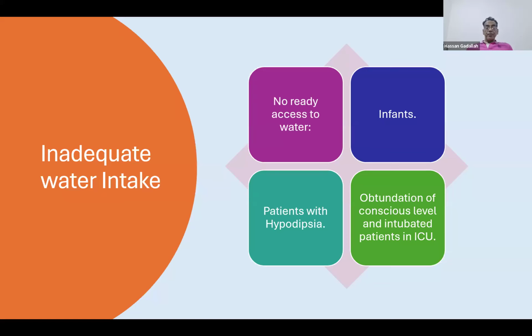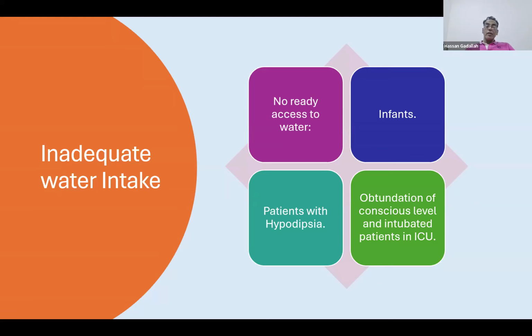Now let's take each title of these pathophysiological factors which lead to hypernatremia. The first title is inadequate water intake. How can a person or patient get inadequate water intake?